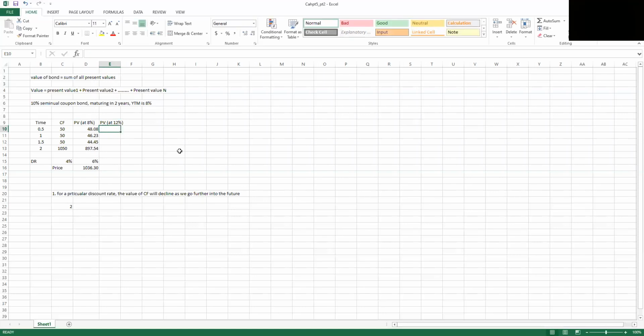Again, the cash flow divided by the bracket 1 plus 6%. Remember, we are now using a 12% discount rate. This multiplied by 2.